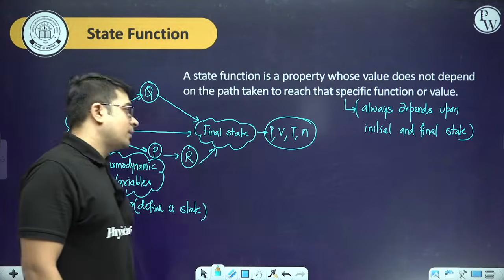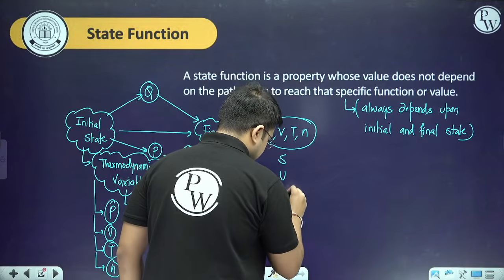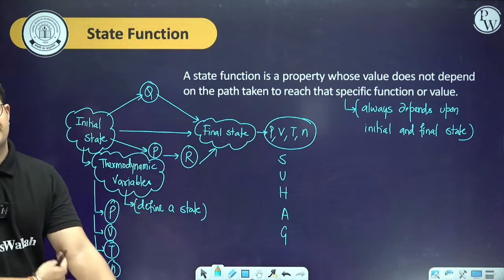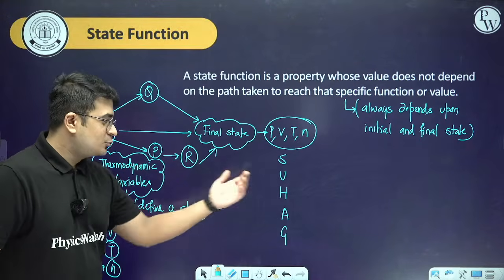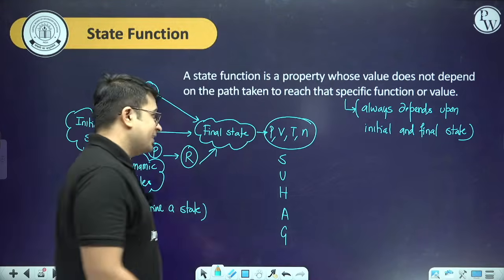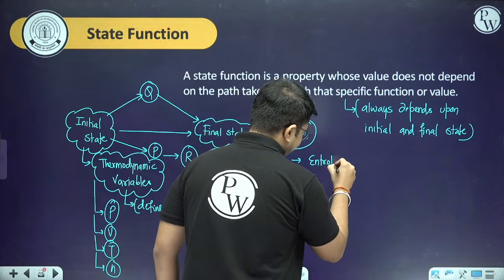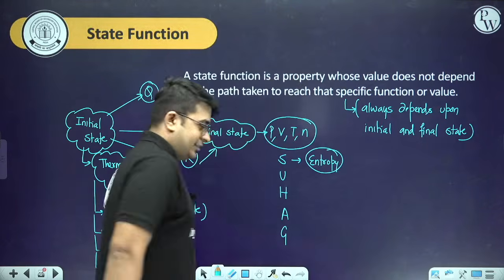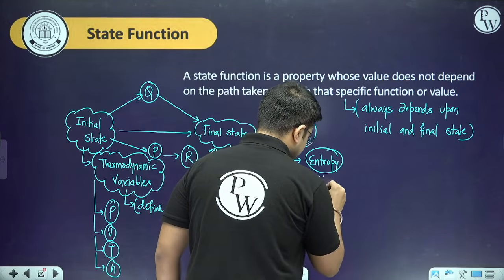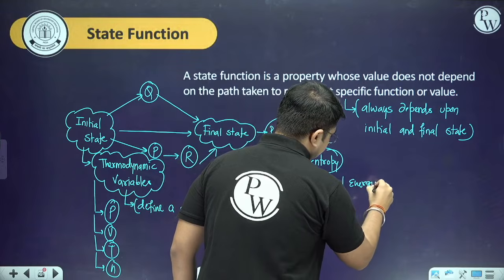And in case of thermodynamics, we have mainly these types of state functions. Basically SUHAG, it's not Sohag, definitely. The first part is S, which is known as entropy in case of thermodynamics. Then we have U, which is internal energy.